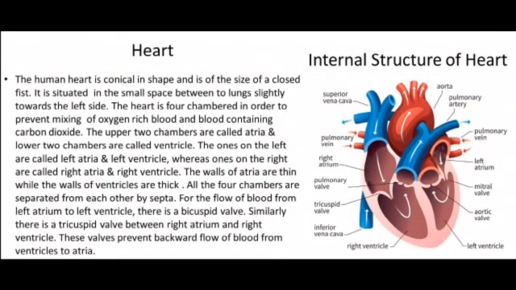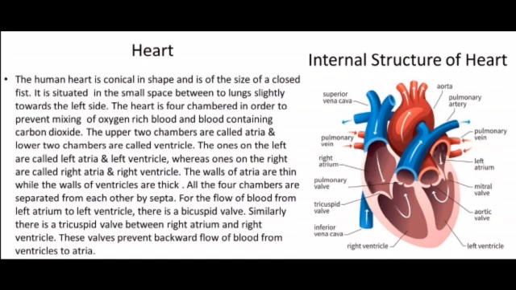Next topic is human heart. The human heart is conical in shape and is of the size of a closed fist. It is situated in the small space between two lungs, slightly towards the left side. The heart is four-chambered in order to prevent mixing of oxygen-rich blood and blood containing carbon dioxide.